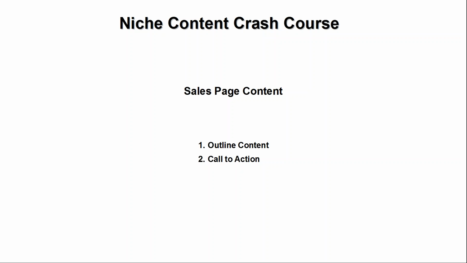A big part of the reason why is going back to what I was talking about earlier, where you usually need more content to try to sell a product directly than you would to just get somebody to click on that affiliate ad. So an outline for one of these direct sales pages will generally have a lot more of these informational based subtopics.